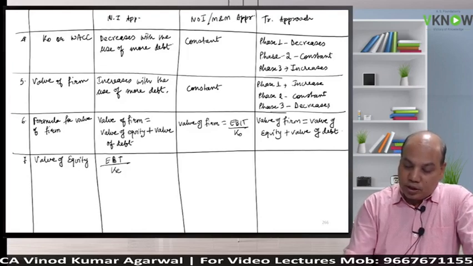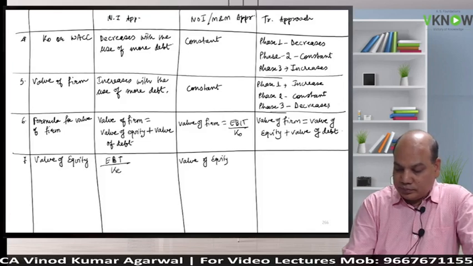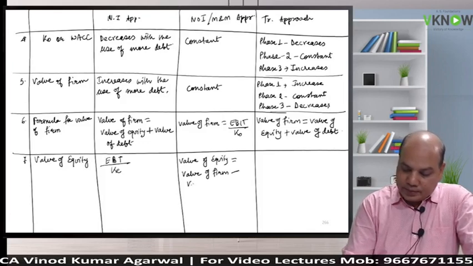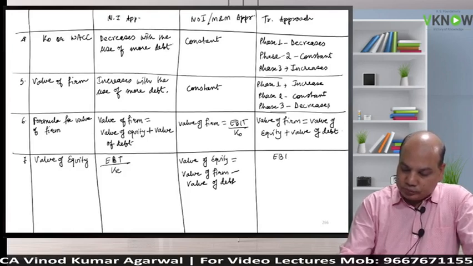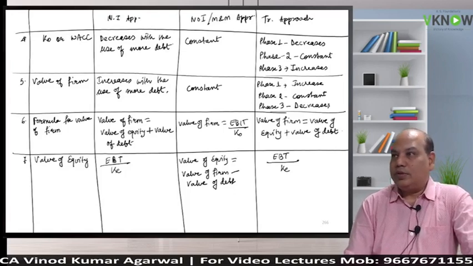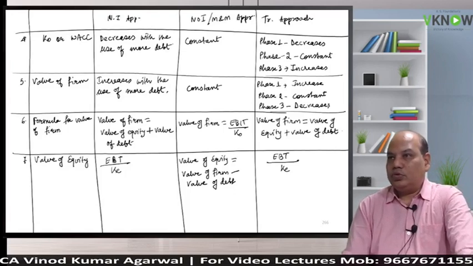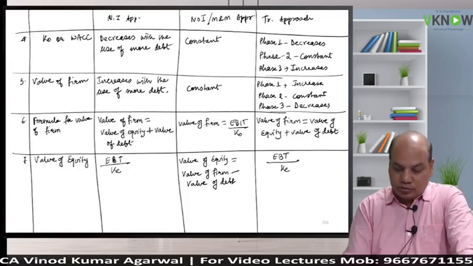In case of NOI or M&M approach, value of equity is equal to the balancing figure, which is value of firm minus value of debt. And in traditional approach also, it is EBT upon KE. So usually these are the steps we follow.